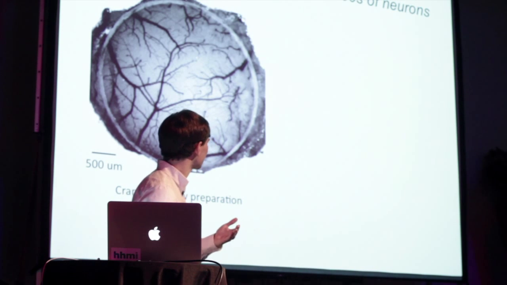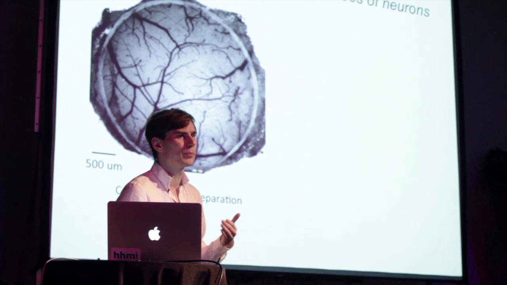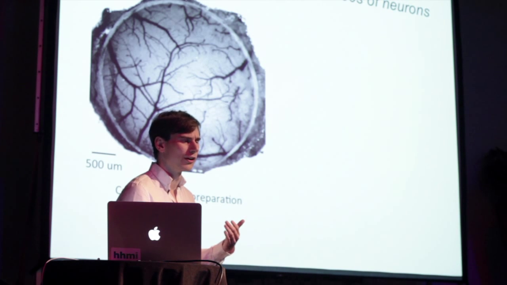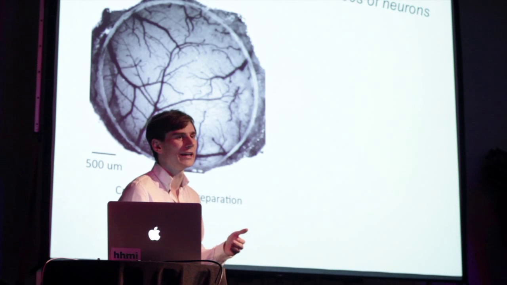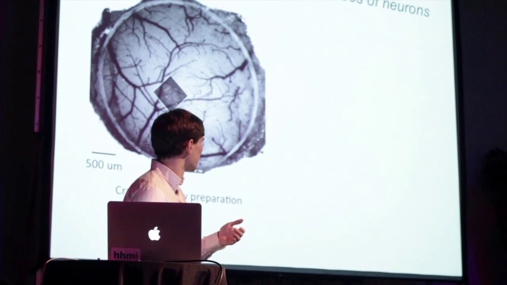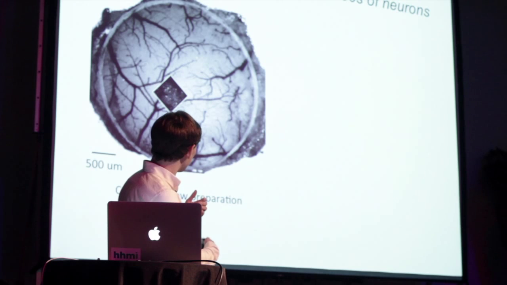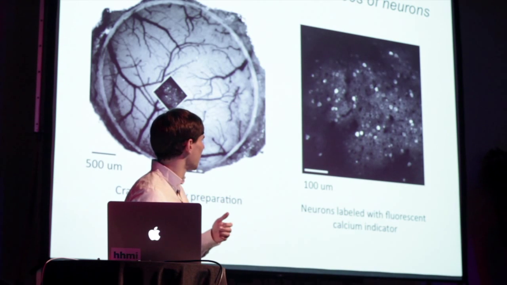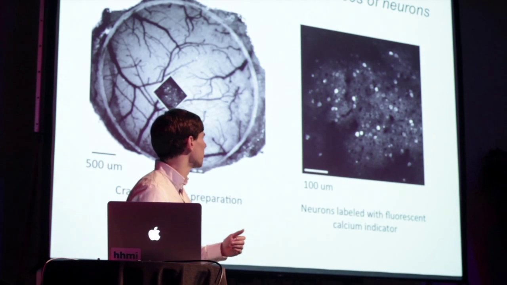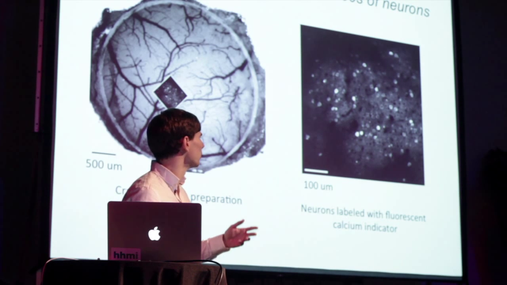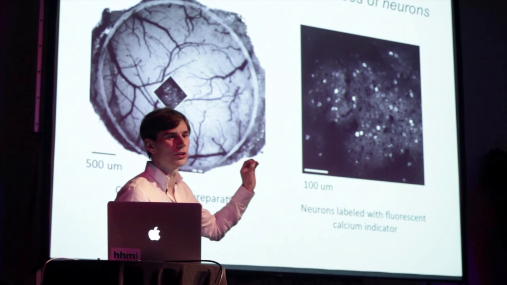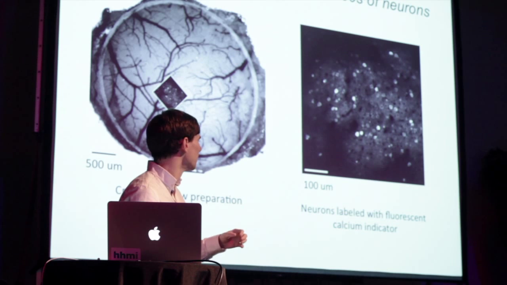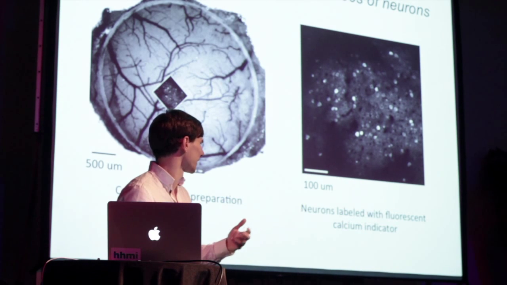We can do this in animals where we have put inside a genetically encoded indicator of neural activity, a fluorescent indicator of activity. If we zoom in on a small field of view there, you can now see on the right-hand side individual neurons. Those look like these round blobs, these donuts, which are labeled with a fluorescent calcium indicator.